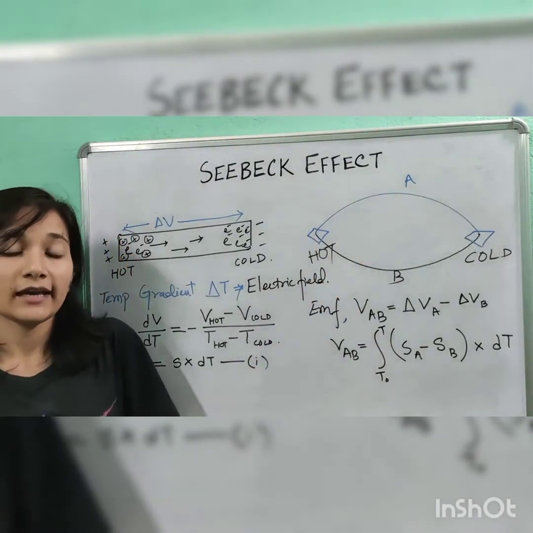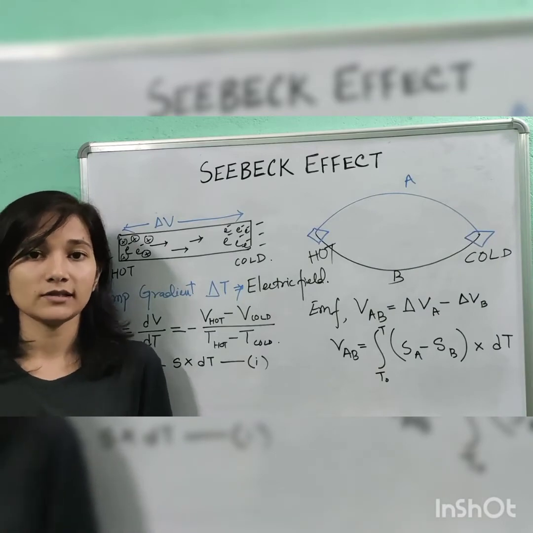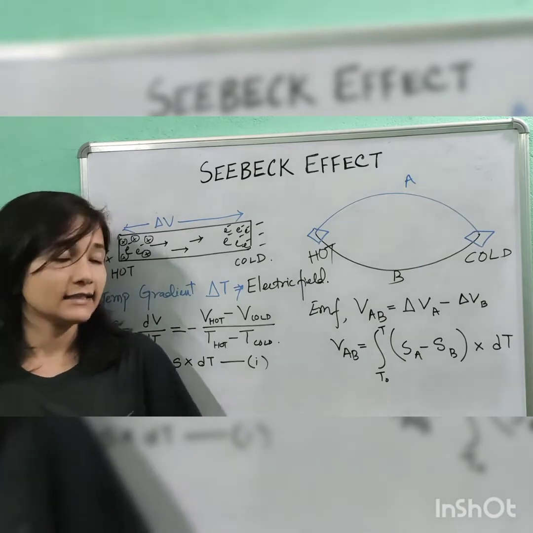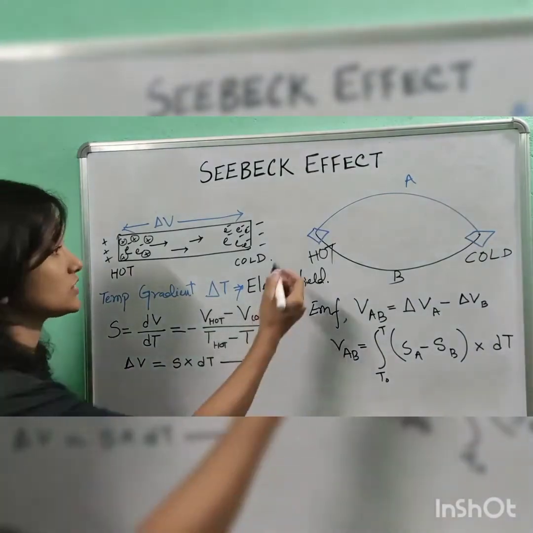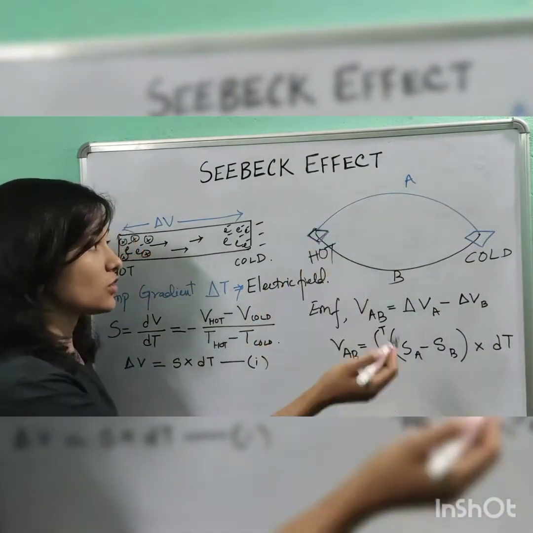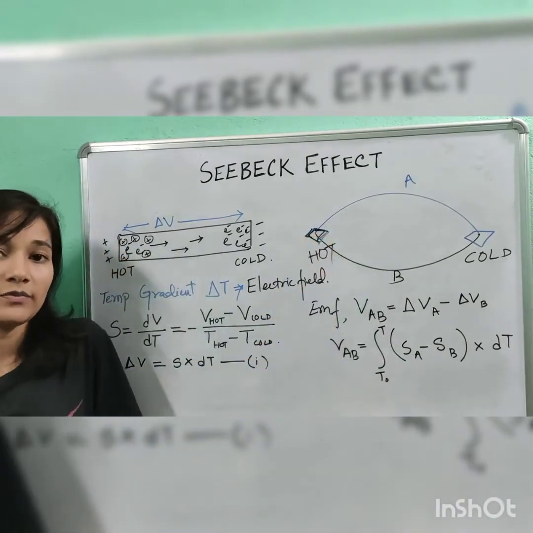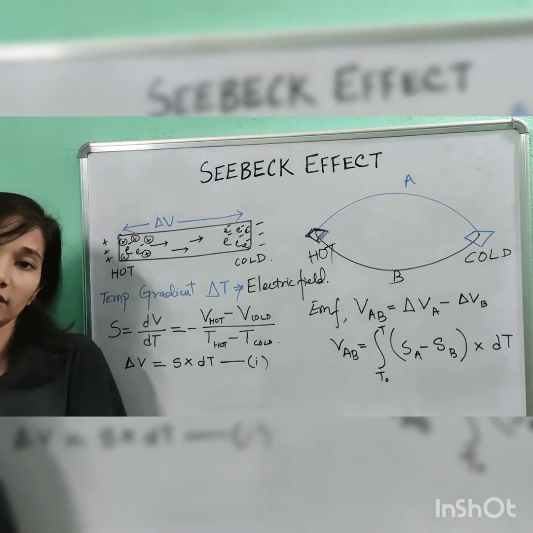Seebeck, after studying the properties of different pairs of metals, arranged them in a series which is called the thermoelectric series, and the direction of the current at the hot junction is always from the metal which occurs earlier in the series towards the metal which comes later in the series.